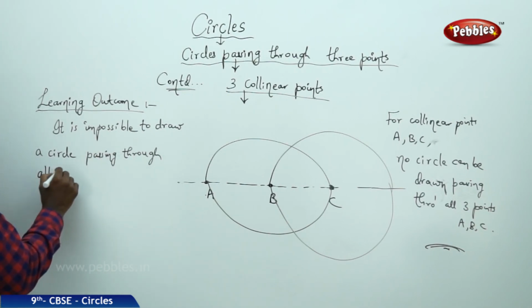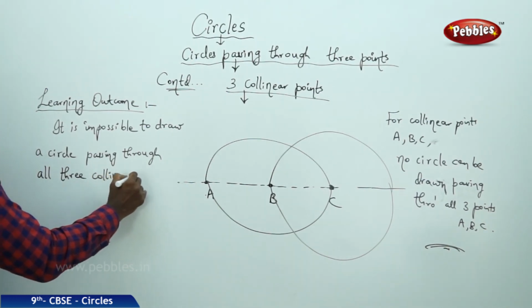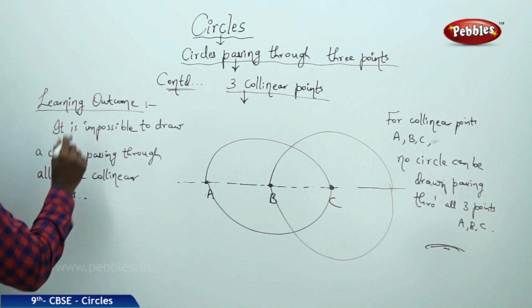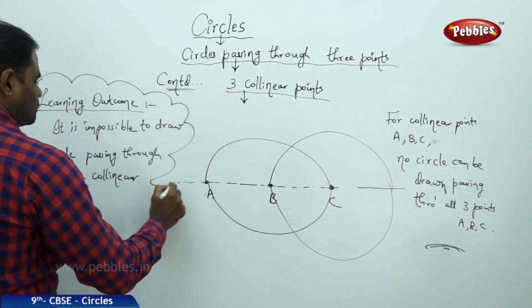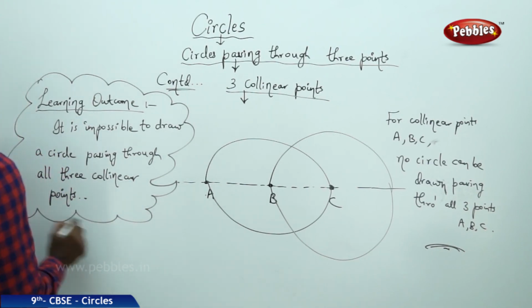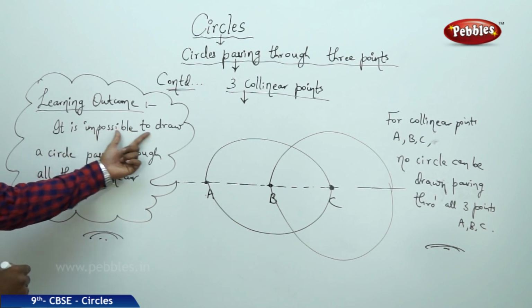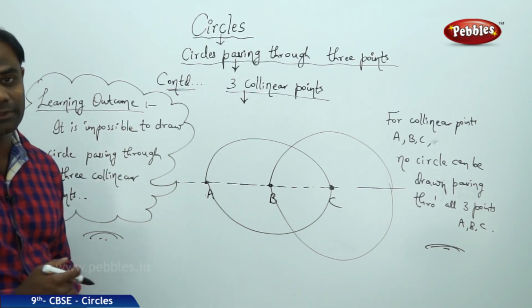Passing through all 3 collinear points is how I make the learning outcome. It is impossible to draw a circle passing through all 3 collinear points.